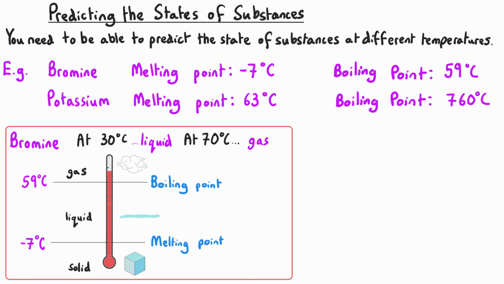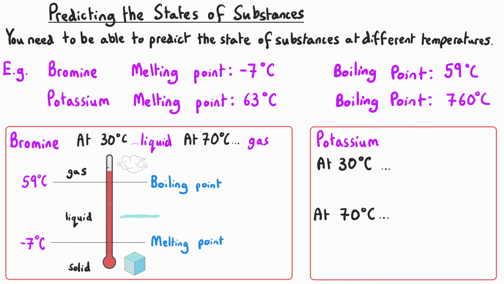For my second example of potassium, I'm not going to show a thermometer, as you probably wouldn't have time to draw one of those in a test, so I'm just going to focus in on the melting point value, which is 63 degrees C, and the boiling point value, which is 760 degrees C. And so what will the state of matter be for potassium at 30 degrees C?